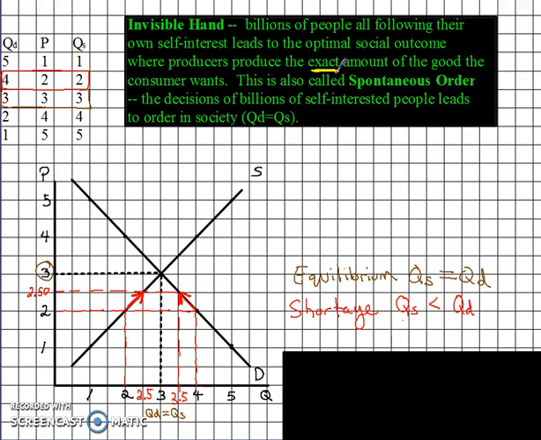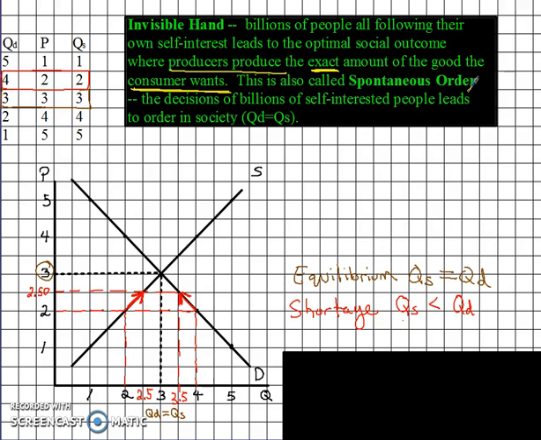So that's the key. This is where the producers produce. That's your quantity supplied. They produce the exact amount, that's equilibrium, of the good that the consumer wants, which is the quantity demanded.